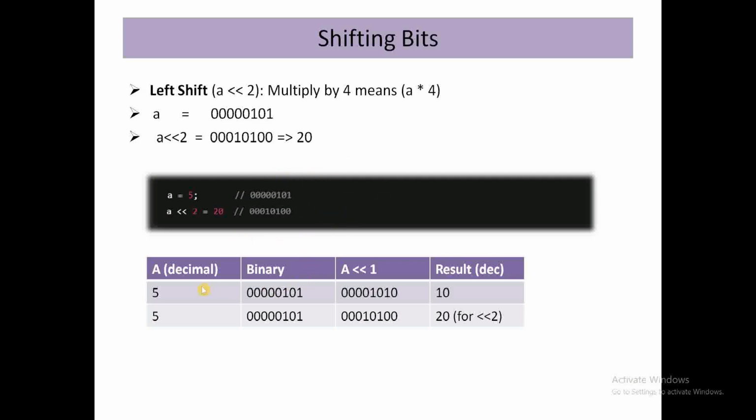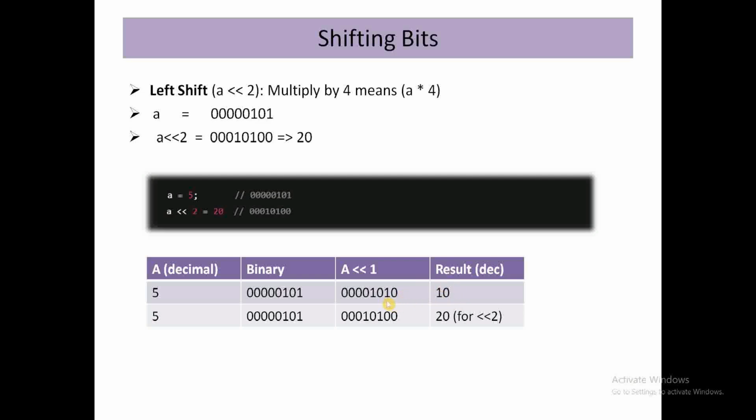And if we are shifting only 1, not 2, for the value 5, then we have to multiply the given value by 2, and then we get the final output, that is 10.